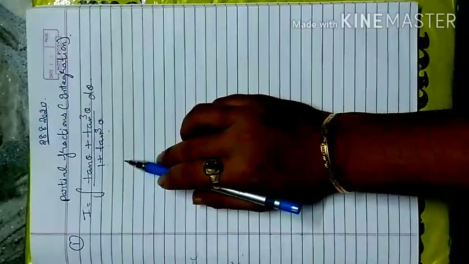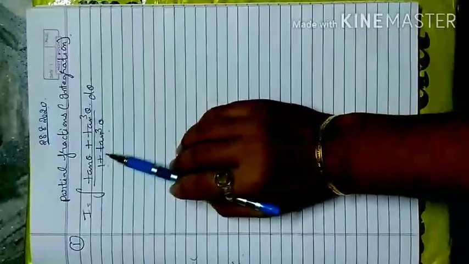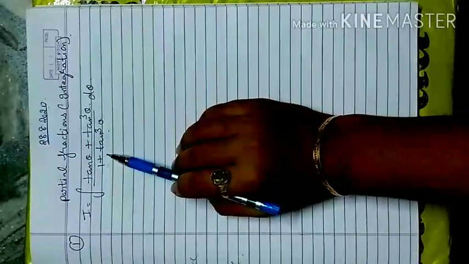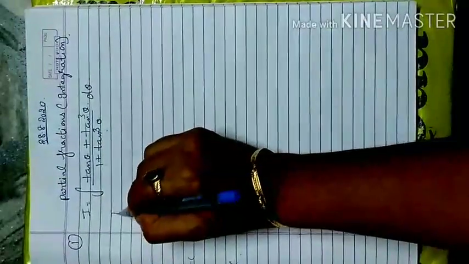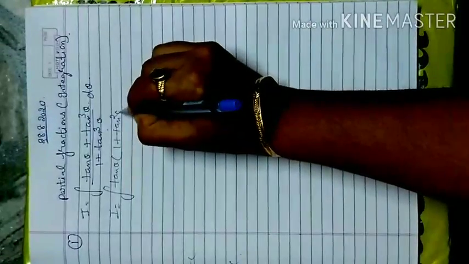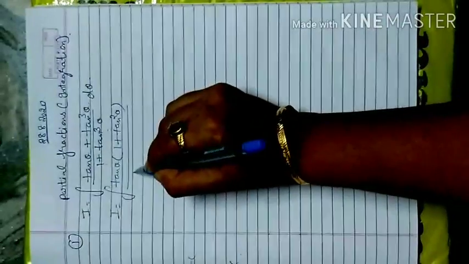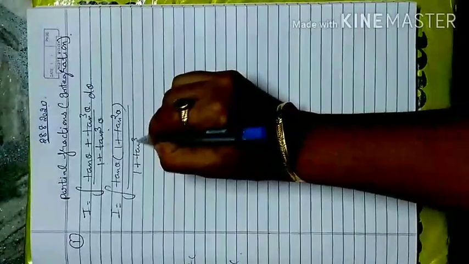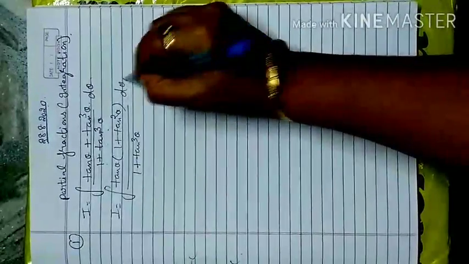By looking at this we can't identify that this is a partial fraction question. So first you take tan theta common, so that 1 plus tan square theta is left, over 1 plus tan cube theta, d theta.